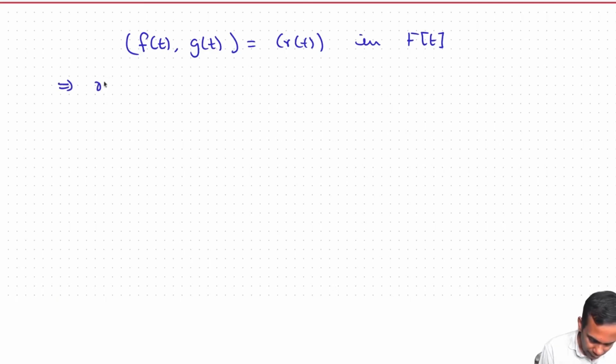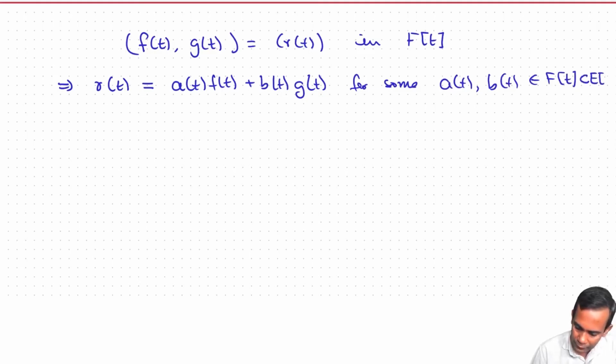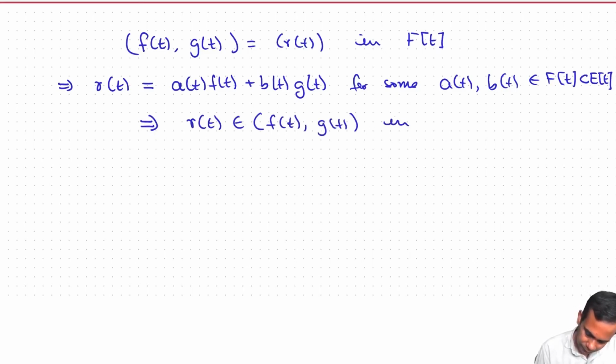So this implies that r(t) is equal to a(t)f(t) plus b(t)g(t) for some a(t), b(t) in F[t]. But F[t] is contained in E[t], so that means that r(t) is a(t)f(t) plus b(t)g(t) for some a(t) and b(t) in E[t]. So this implies that r(t) lies in the ideal generated by f(t) and g(t) in E[t].